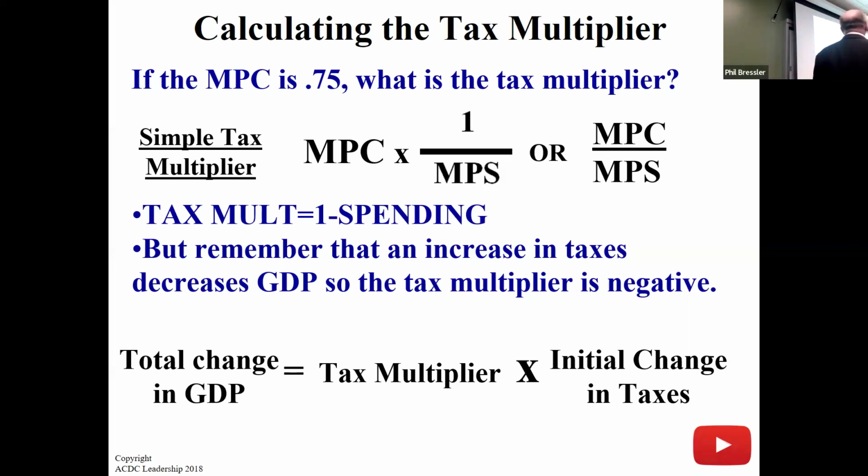All right, so the tax multiplier works the same way: total change in GDP is the multiplier times the initial change in taxes, or the initial change in spending. Now, the only thing I'm going to tell you: if you use mine, 1 minus the spending multiplier, on the multiple choice, they'll never give you a negative number.